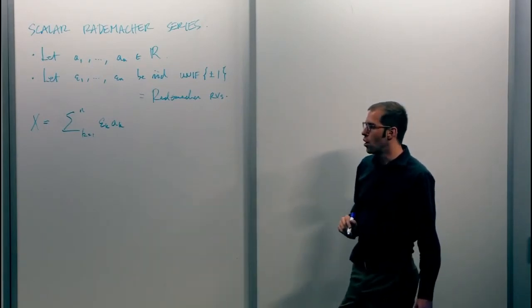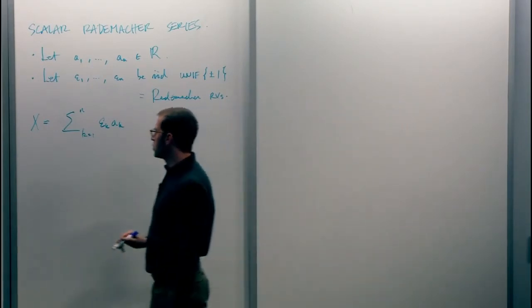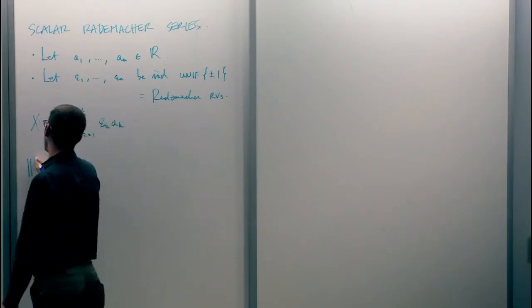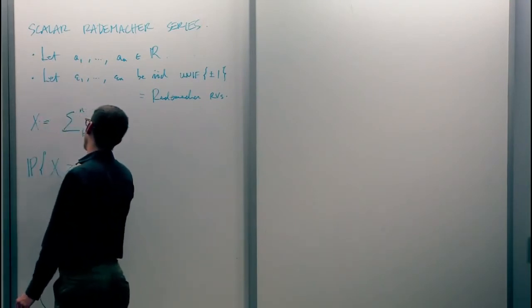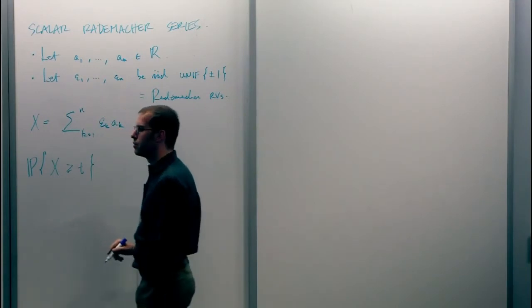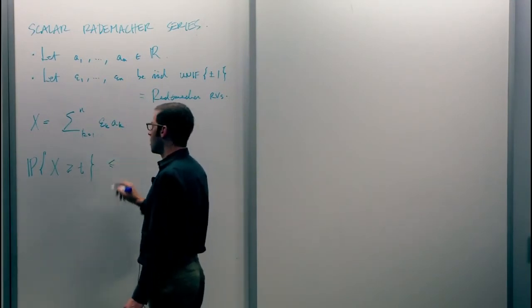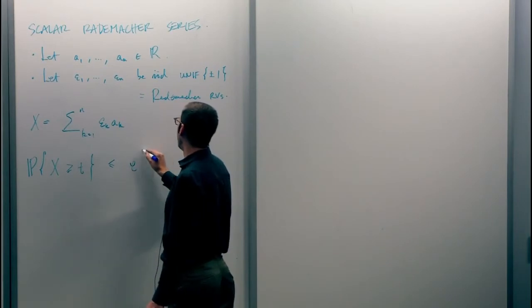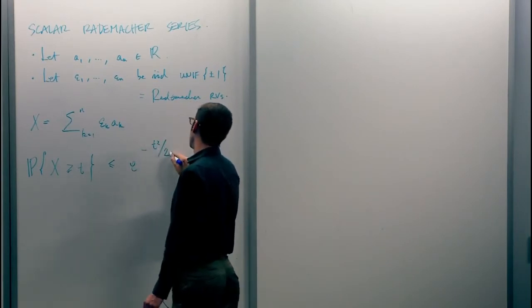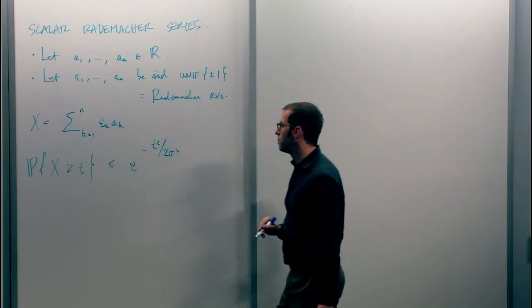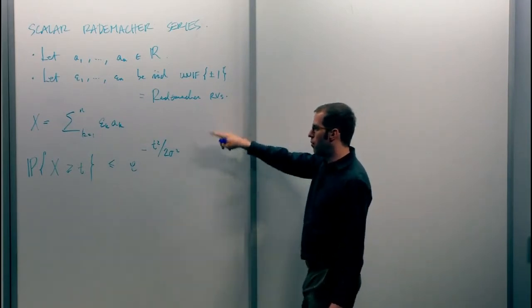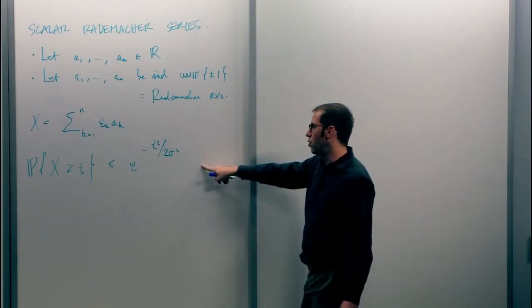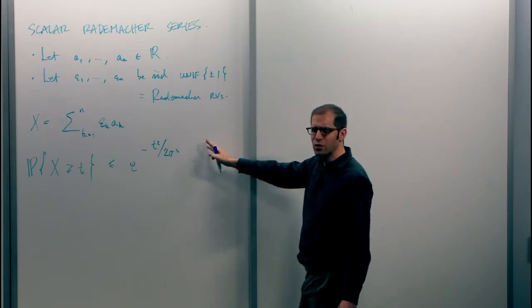You might be interested in the tail behavior of this kind of random variable. So what's the probability that X exceeds some level t? I'll prove this result for you in a minute, but it's pretty well known that this type of random variable has a tail bound of this form. It looks like a Gaussian.